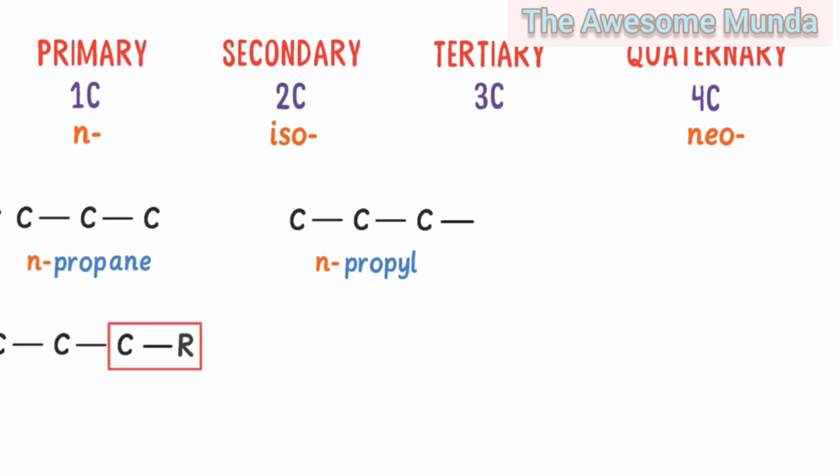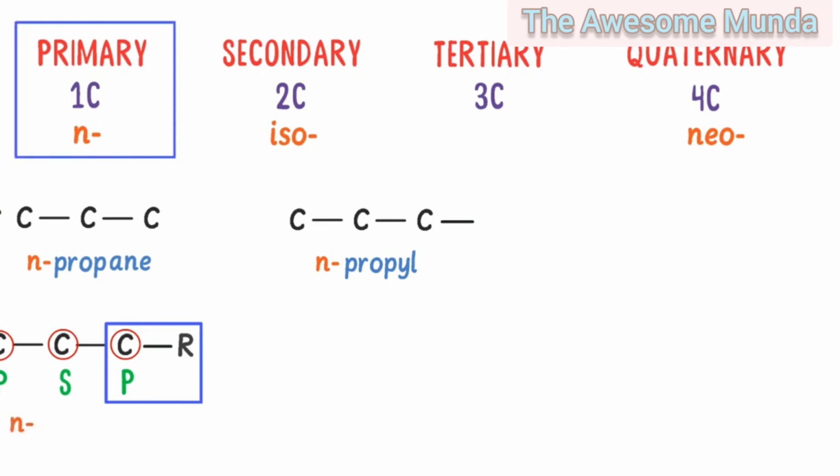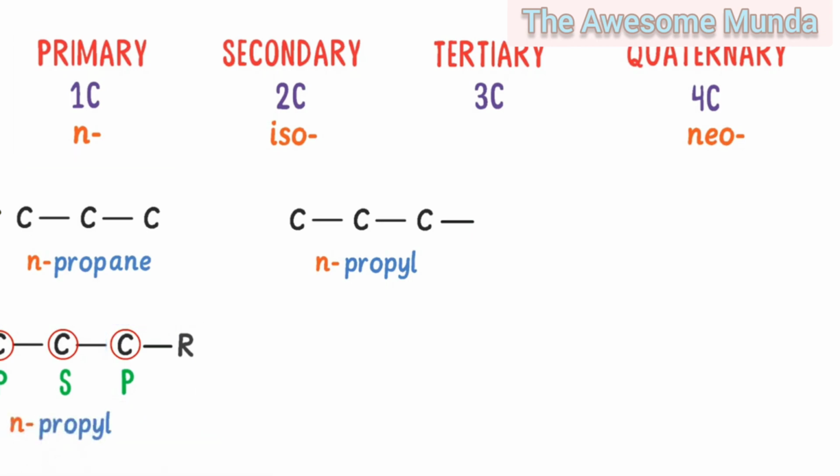We look at the position of alkyl R to name this compound. For example, this is a primary carbon, this is a secondary carbon, and this is also a primary carbon. Here, the alkyl is attached to the primary carbon. If alkyl is present at primary carbon, we use N for it. So I name it N-propyl.